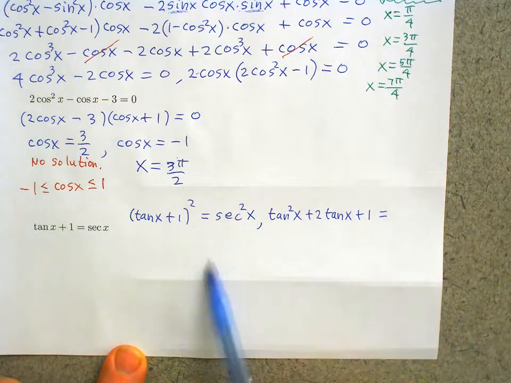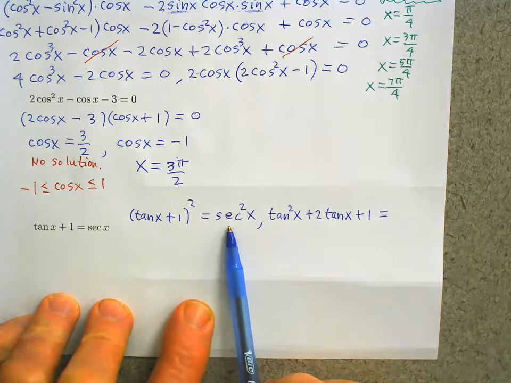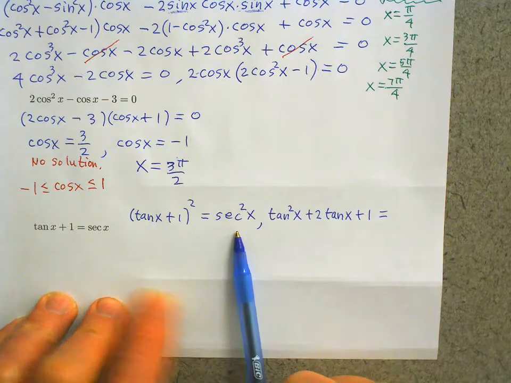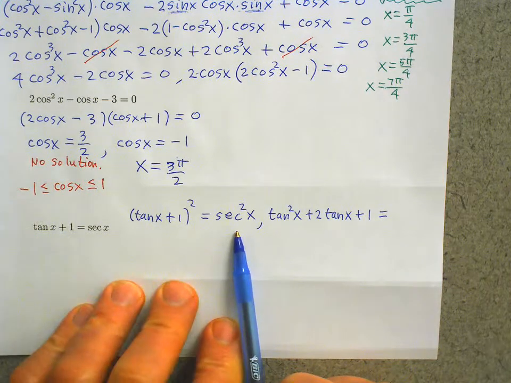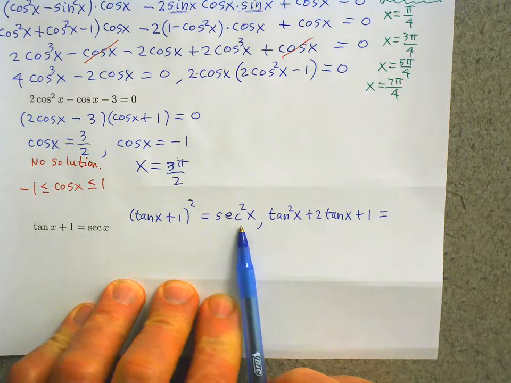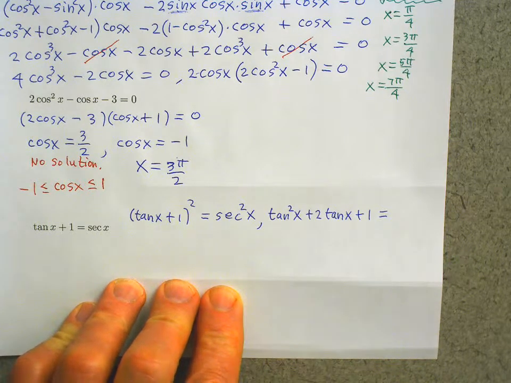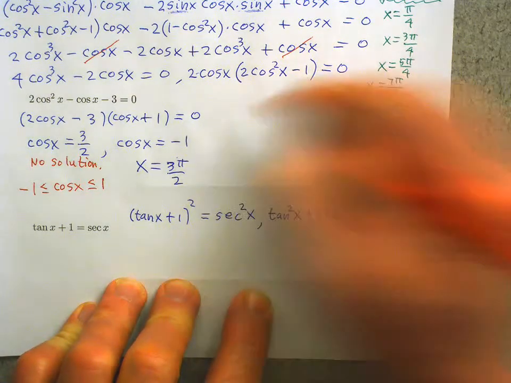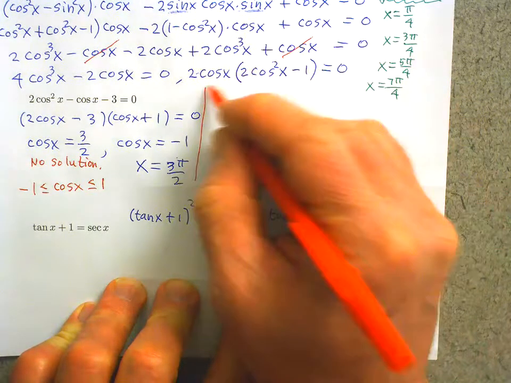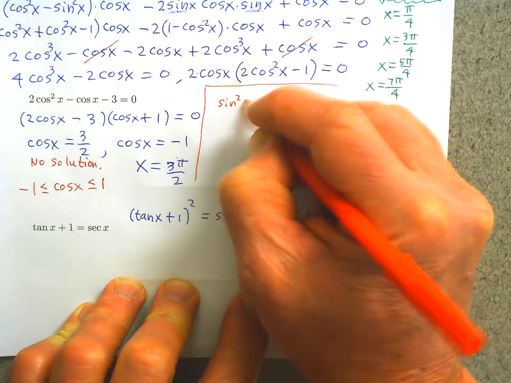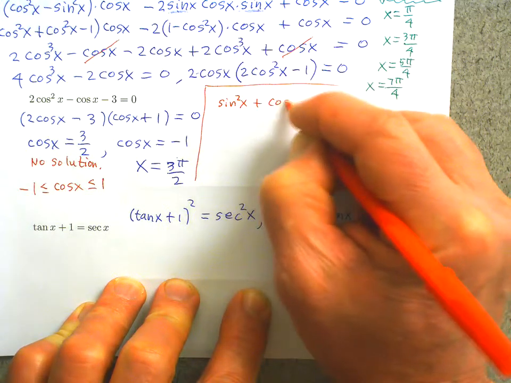equals, well, I think I want to replace secant of x squared using one of the Pythagorean identities. I replace that with something in terms of tangent of x squared. So if you don't remember it directly, hopefully you'll at least remember sine of x squared plus cosine of x squared equals 1.